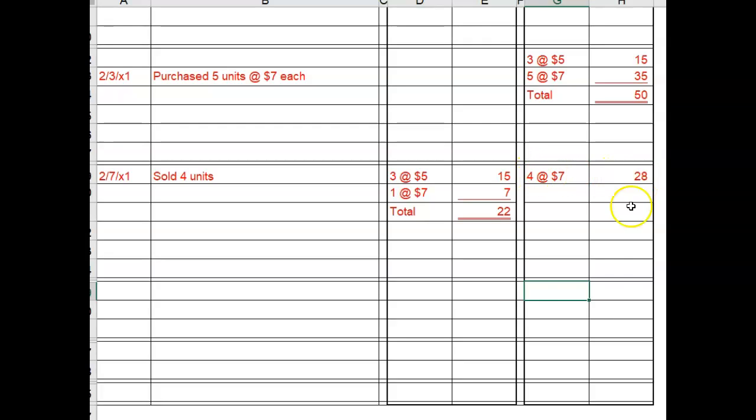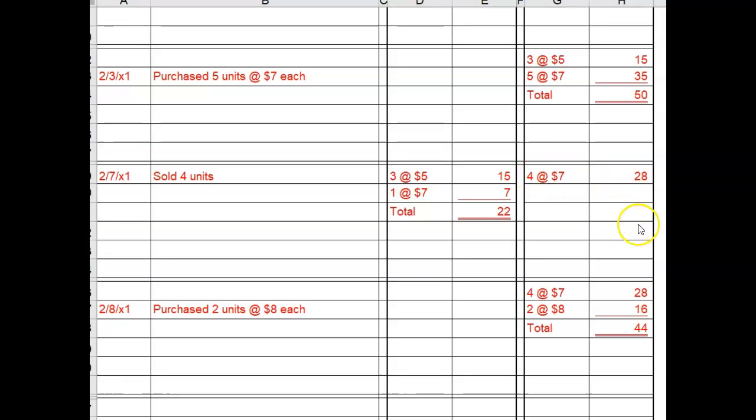Bring the old inventory down and then purchase 2 units at $8 each. And this is what it looks like. I brought the old layer down. That means I can forget about everything above this block in these 2 columns.